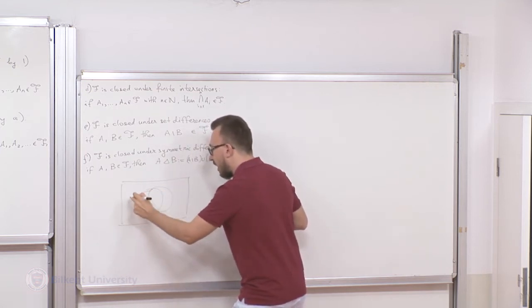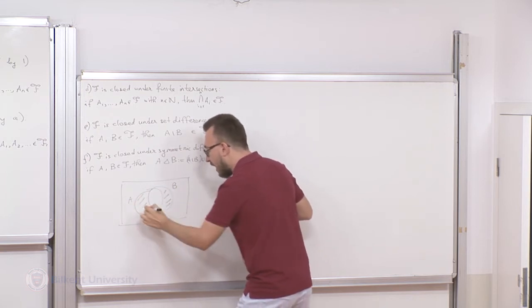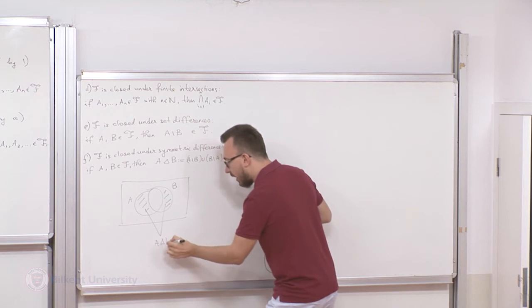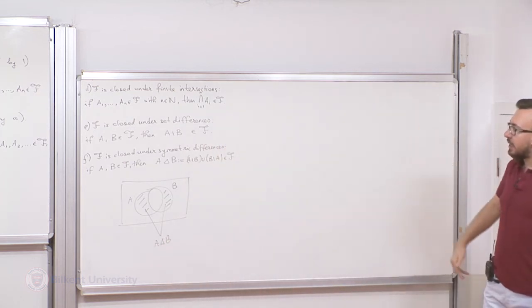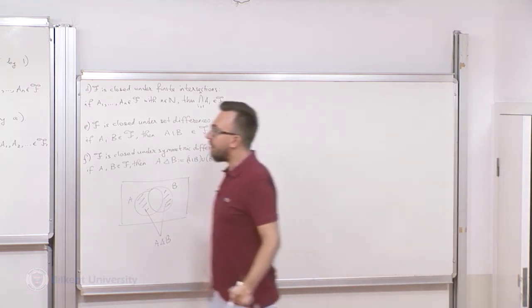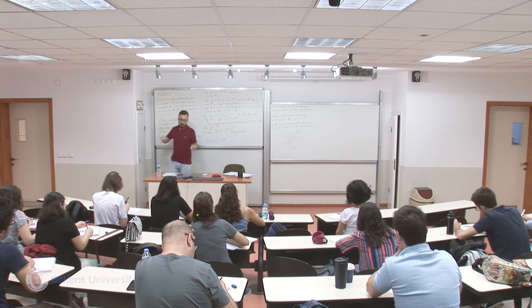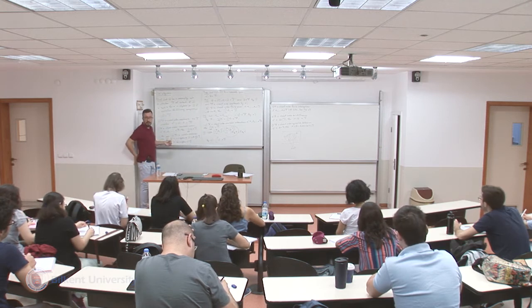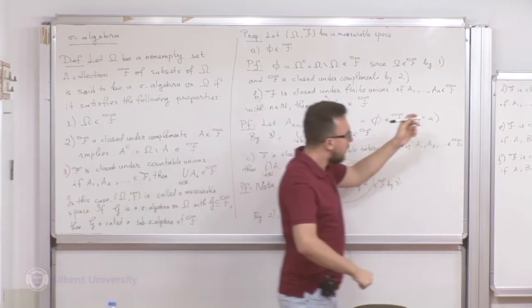I have A, B, this is A minus B, this is B minus A, and together they form A symmetric difference B. And as a result of the definition and those properties, you can prove that if A and B are in your sigma algebra, in your list of interesting events, then the symmetric difference must also be in the sigma algebra. Okay? So I'm not going to prove D, E, F.